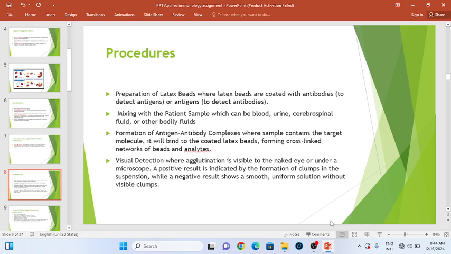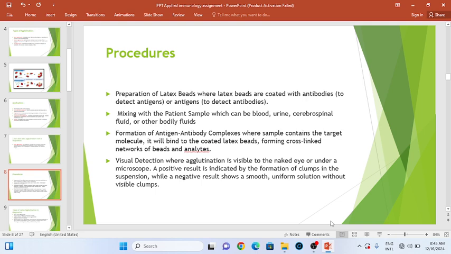First of all, there is preparation of latex beads, where latex beads are coated with antibody to detect antigen, or antigen to detect antibody. It means we coat the beads according to what we want to detect. If we want to detect antibody, we will coat the beads with the antigen. If we want to detect antigen, we will coat the beads with the antibody.